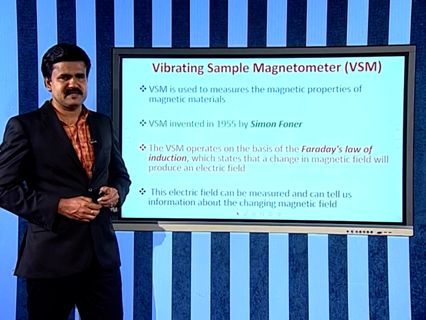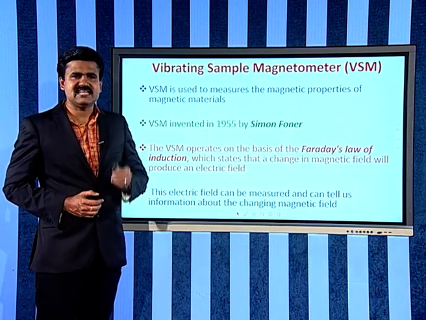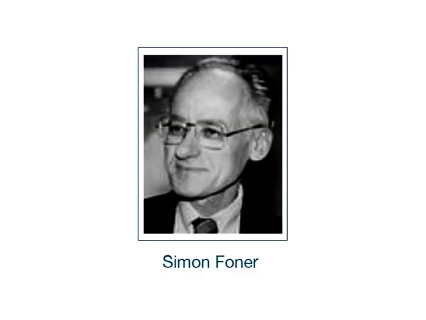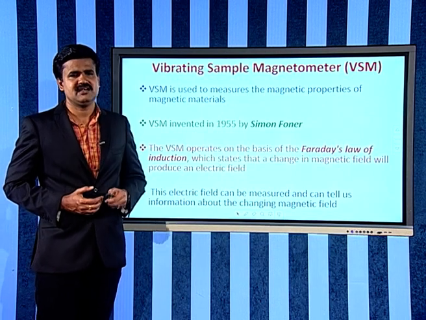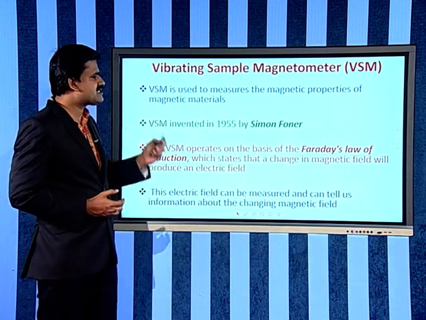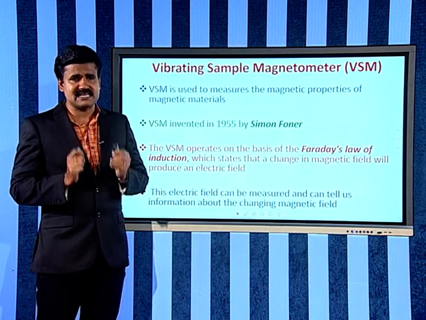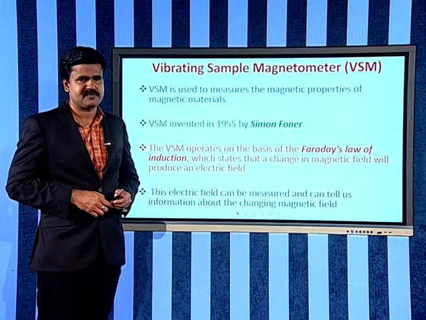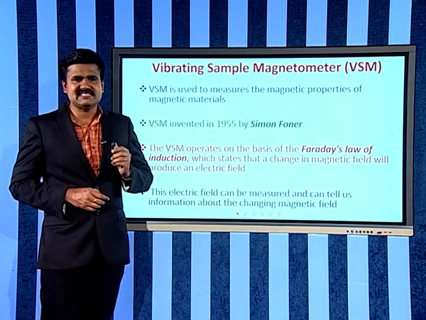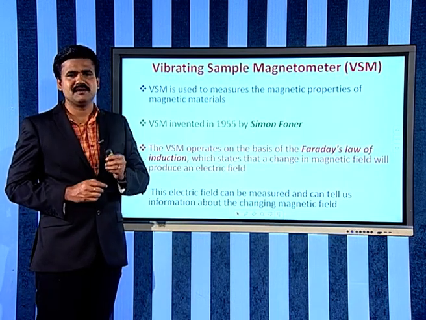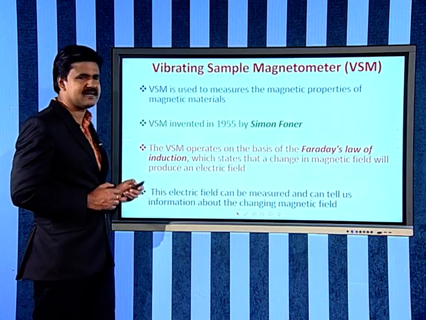The VSM instrument was invented in 1955 by Simon Foner. VSM operates on the basis of Faraday's laws of induction, which states that a change in magnetic field will result in an electric field. This electric field can be measured and can tell us information about the changing magnetic field.